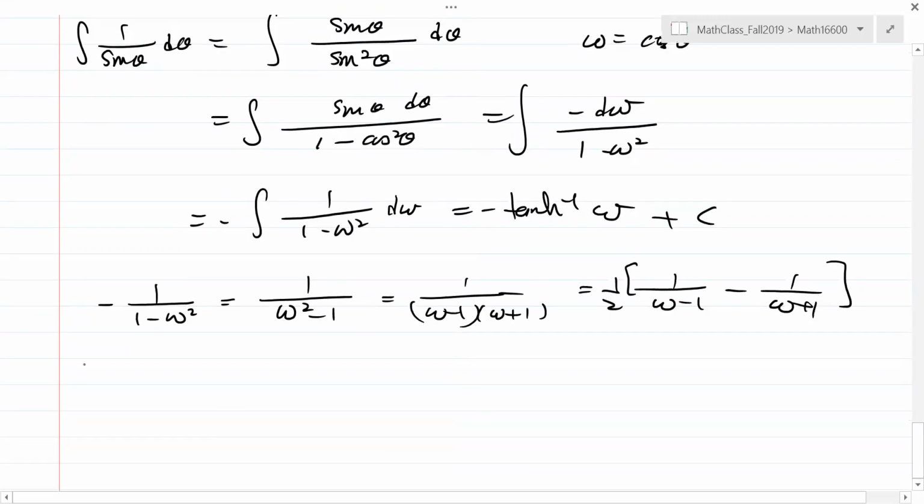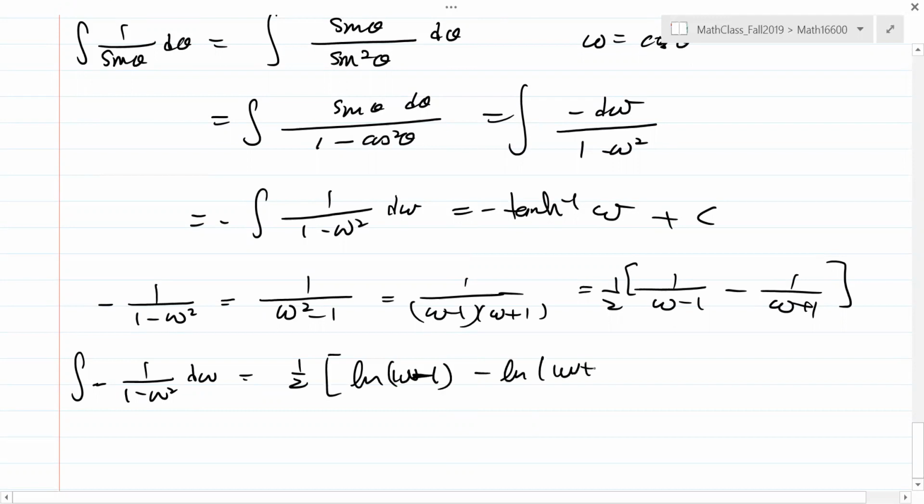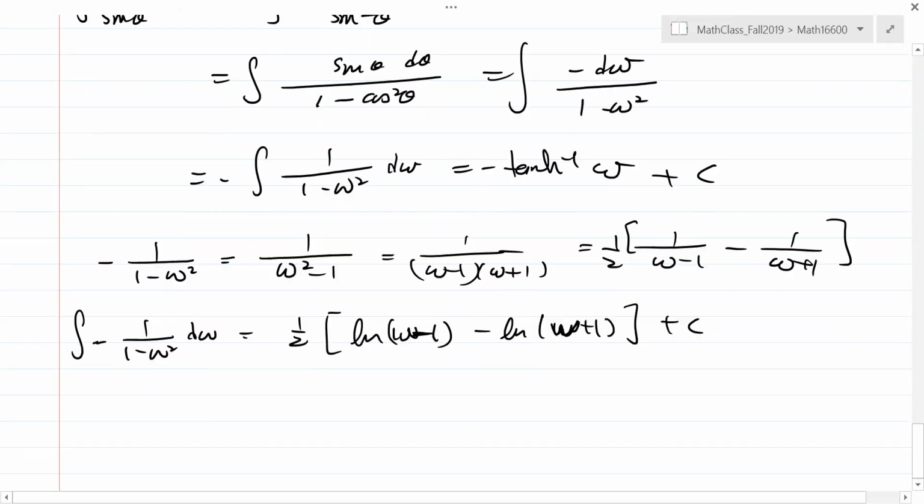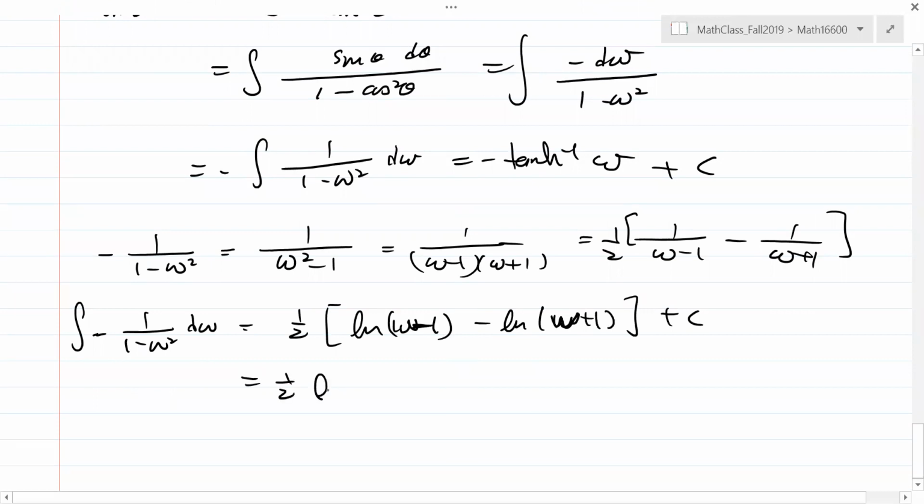Then integrating both sides, the integral of this will be natural log of w minus 1, and this is natural log of w plus 1. I'm sorry, this is w. Plus a constant. So you can also express it in this form.